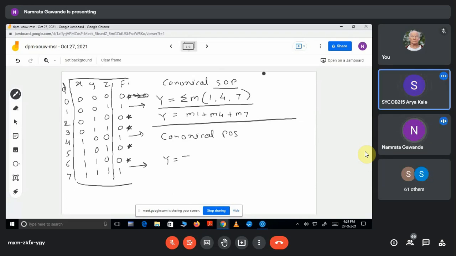Pi, right? So pi, and here you have to consider capital M. Now just write the decimal representing these combinations. That is 0, then 2, 3, 5 and 6, right? So this is the POS form, that is the canonical POS form.